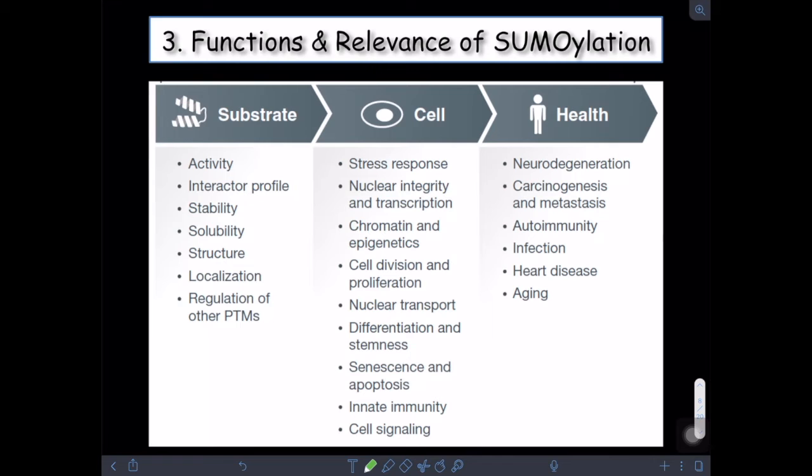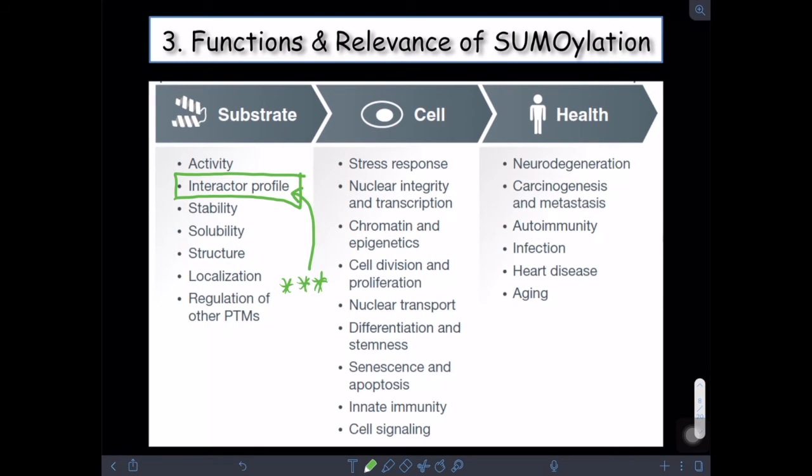Furthermore, SUMOylation can also regulate the ability of the protein to be post-translationally modified by other types of post-translational modifications. One potential effect that SUMOylation has been postulated to exert, that actually explains pretty much all of the other potential effects that had been described previously, is the ability of SUMOylation to alter the profile of interactions that a given protein is able to establish within the cell.